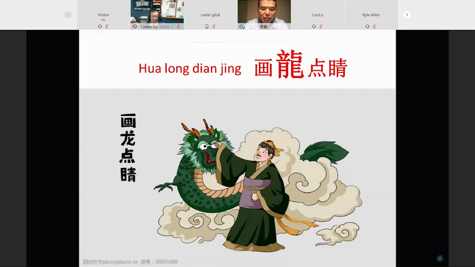It says an artist draws four dragons without eyes on a wall in a temple. People asked him, why didn't you just draw the dragon's eyes?